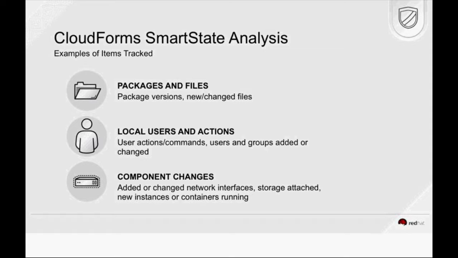So those are some examples of things that can be tracked by CloudForms Smart State, and then obviously reported on, and then can automatically kick off scripts and other actions that you deem appropriate.